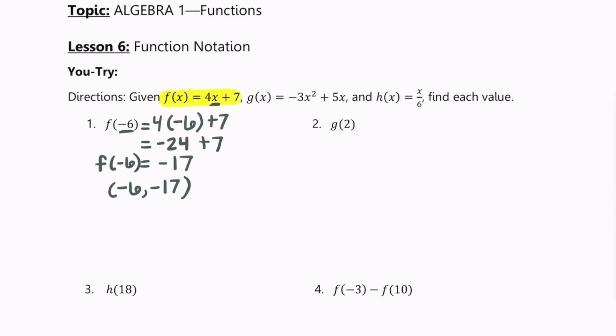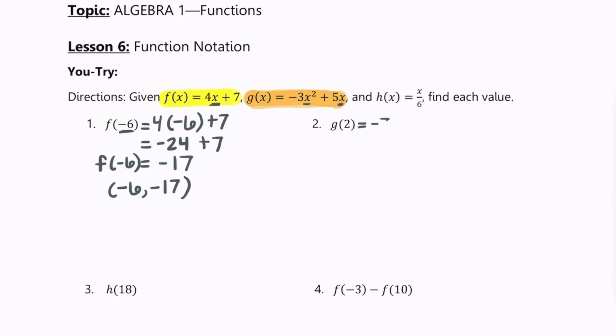Okay? For number 2, we are evaluating g of 2. So we want to use our g function here, okay? And basically, similar to number 1, but wherever we see an x in this, which we see it in 2 places, we're going to take that x out and substitute in 2. So I'm going to, once again, put my equal right there.